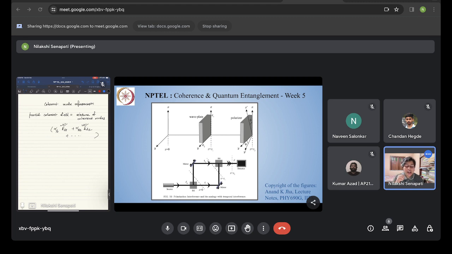And as I have also mentioned, the orbital angular momentum basis gives you a discrete infinite dimensional basis, whereas the spatial or temporal degrees of freedom provide you with a continuous infinite dimensional basis.